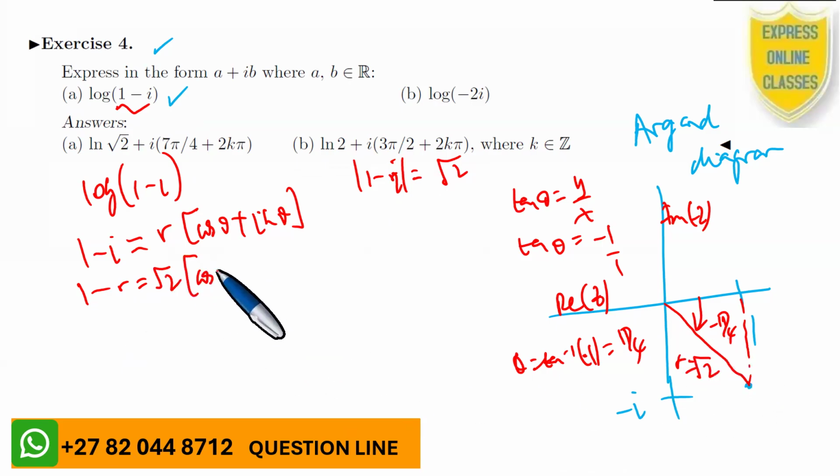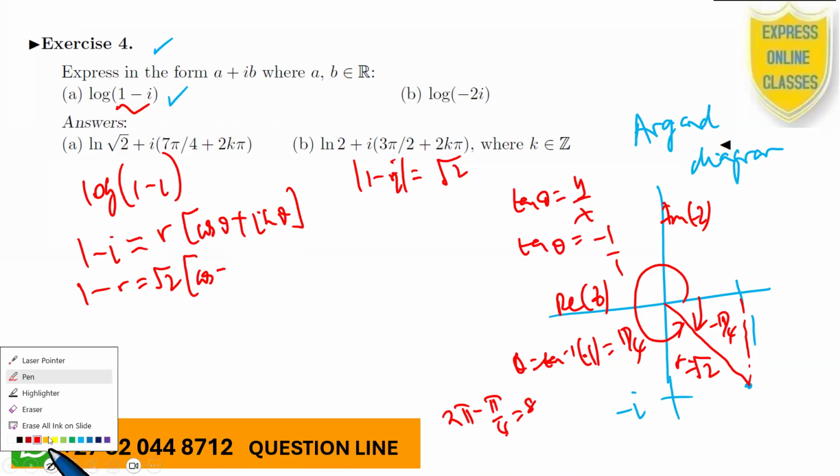The angle here is minus pi over 4, but you can take it as 2 pi minus pi over 4. 2 pi is 8 pi over 4, minus pi is 7 pi over 4.